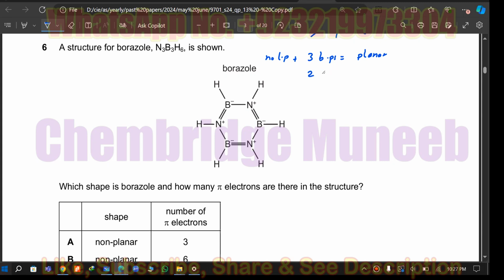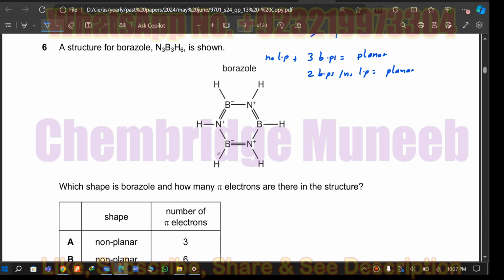When there are 2 bonding pairs and no lone pair, the structure is again planar and it is linear. So we have to consider these types of shapes to find out the planar or non-planar structure.